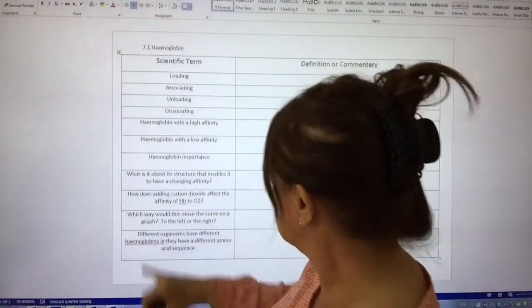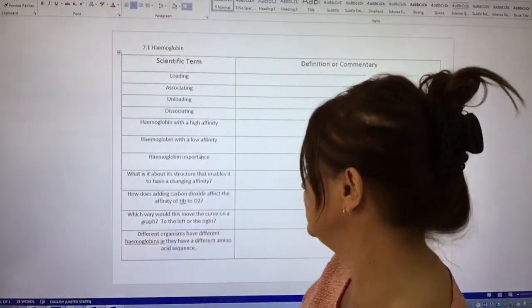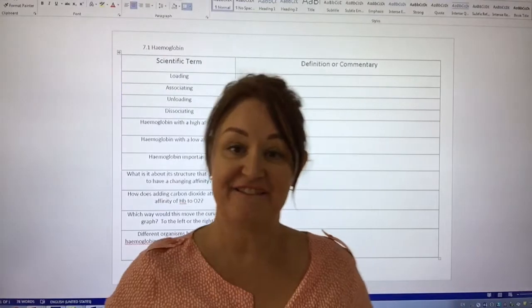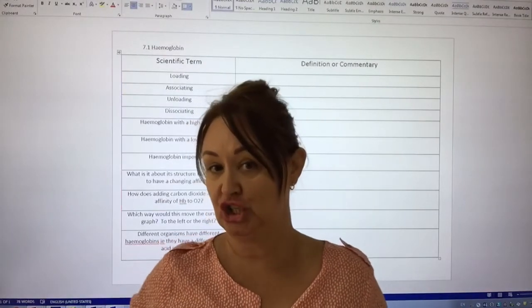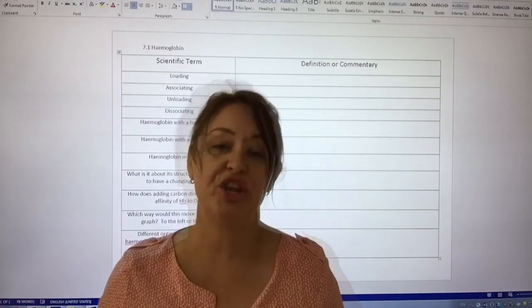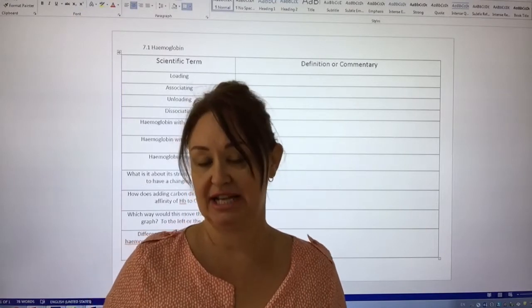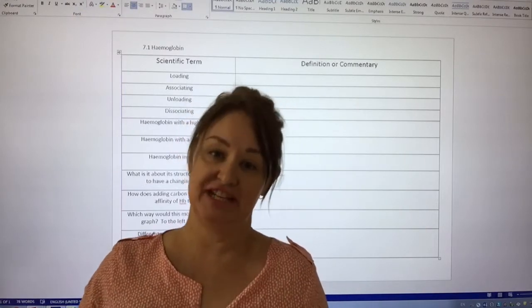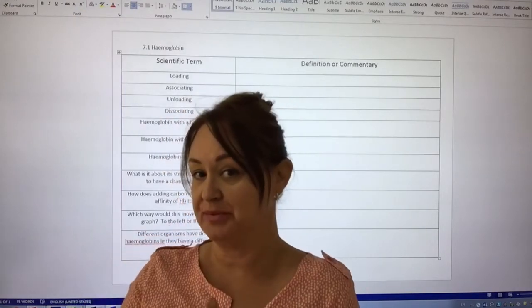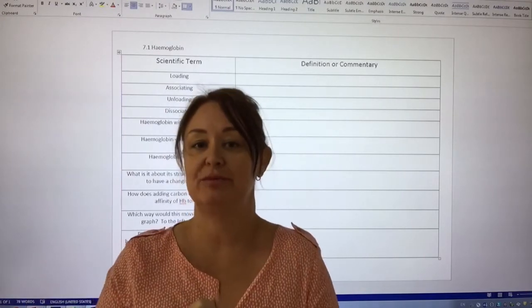The next one says, how does adding carbon dioxide affect the affinity of hemoglobin for oxygen? Well, when you add carbon dioxide, you reduce the affinity of hemoglobin for oxygen. Let's think about that for a moment.